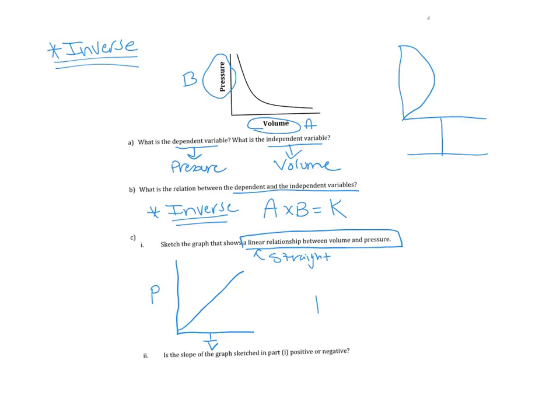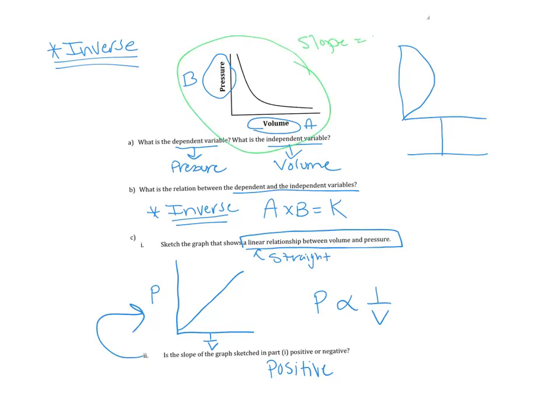So the pressure is directly proportional to 1 over the volume. Last question, is the slope of the graph sketched in part C positive or negative? This graph, is the slope here positive or negative? Well, because it's a straight line going up, it's positive. But if the question asked me about this graph, then I would say that the slope is negative.